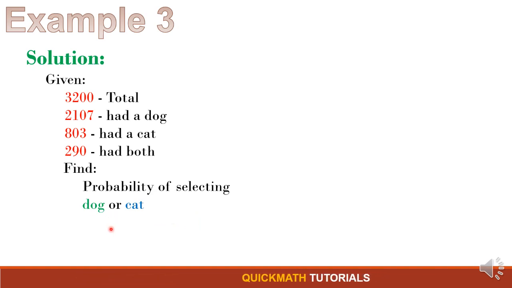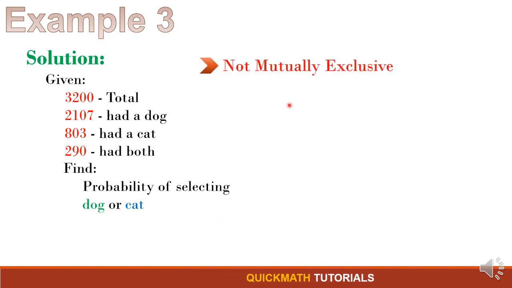So for our next step, we will identify if these two events are mutually exclusive or not mutually exclusive. To answer that, we will just look at the given, and as we can see, there is a common between a dog and a cat. We have 290 had both a dog and a cat, so they have a common elements. Therefore, we can say that these two events are not mutually exclusive.